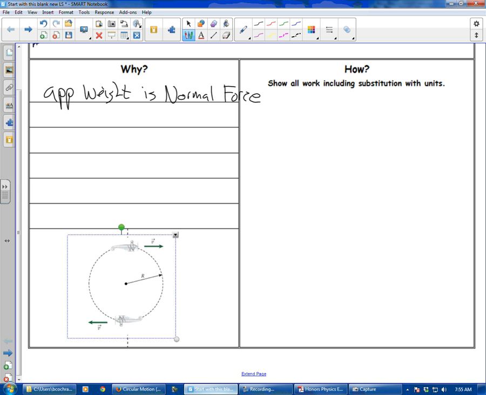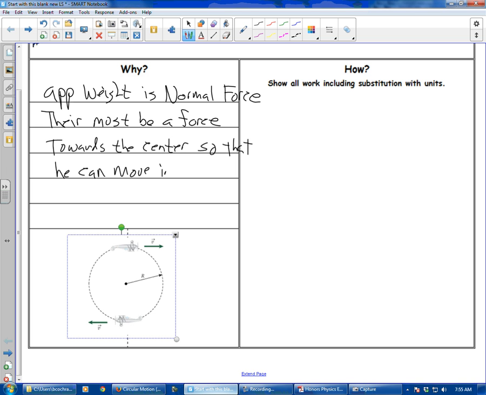And that there must be a force towards the center of the circle so that he can move in a circle, since he needs to accelerate towards the center.